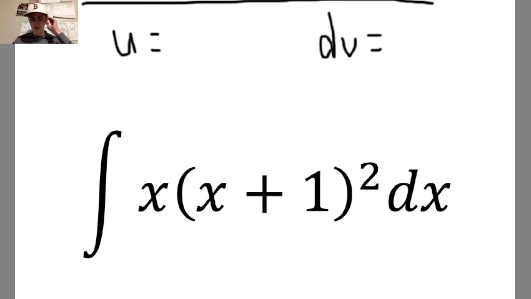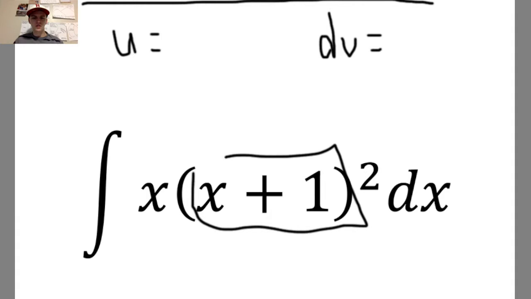We're looking at x times (x plus 1) squared, and if you try to use substitution with this one, it won't work, because the derivative of x plus 1 is simply 1, and you get x on the outside, which you can't do anything with. So this is impossible to solve if you don't know integration by parts.